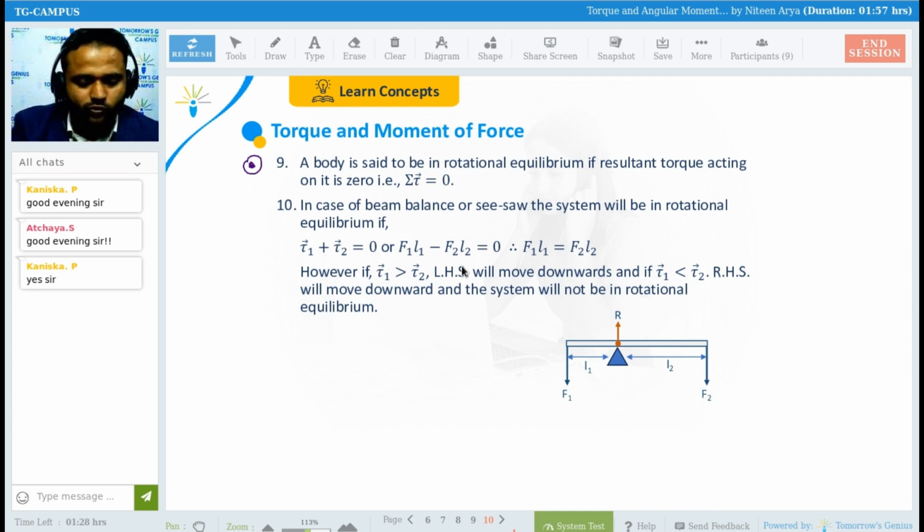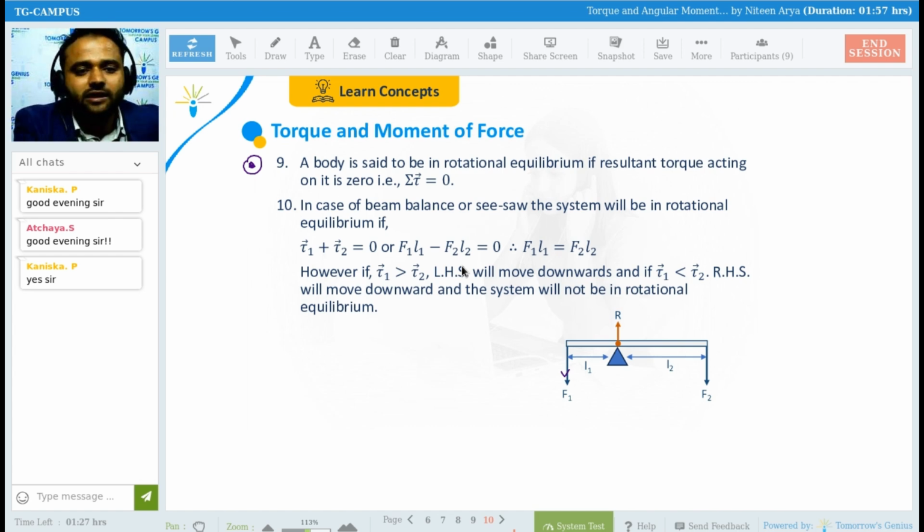So the force F1 is obviously going to be downward here, and if it is going downward, the other is going to be upward. In both cases, the torque is going to be completely dependent on the length and force.